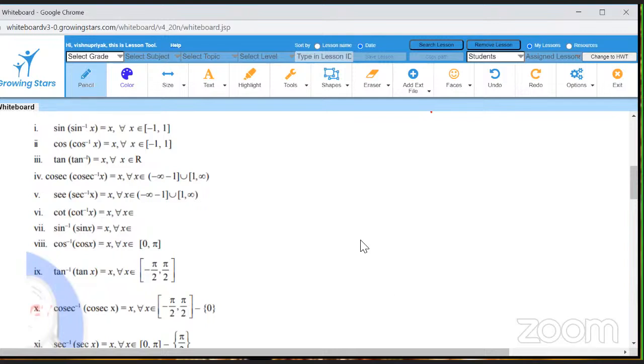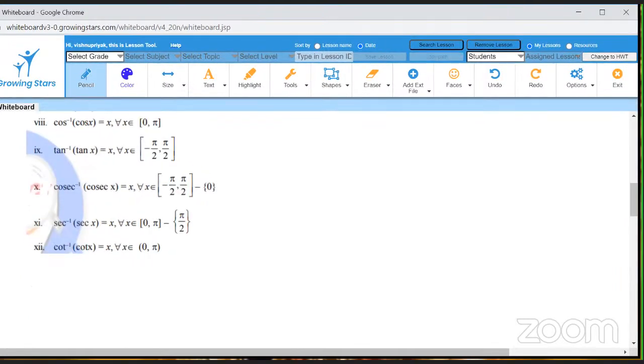Go through all these formulas once. I'll pull down, see these formulas.